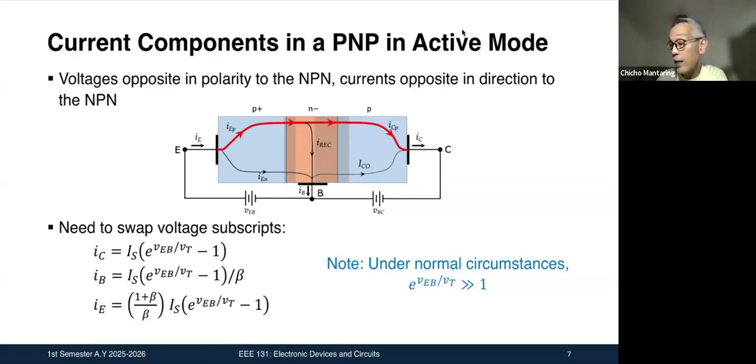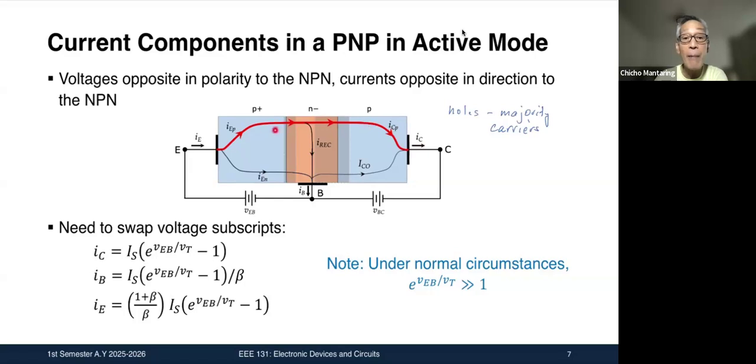Now, what are your majority carriers now? Now it is holes that are your majority carriers. So when we talk, for example, about ICP, ICP is the portion of IC that is due to majority carriers, and that is holes.